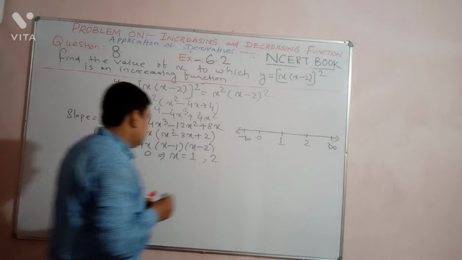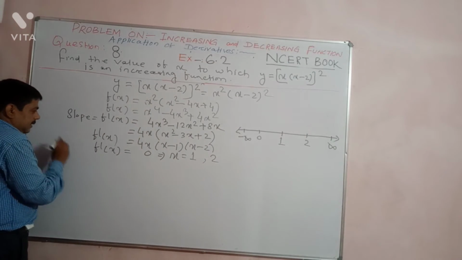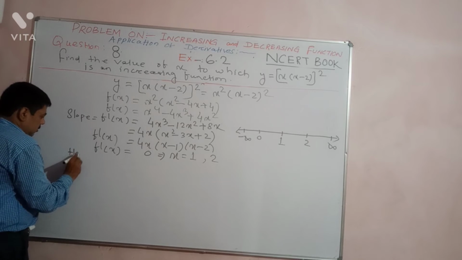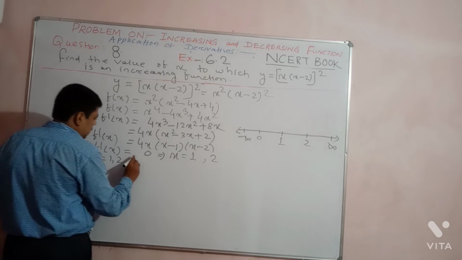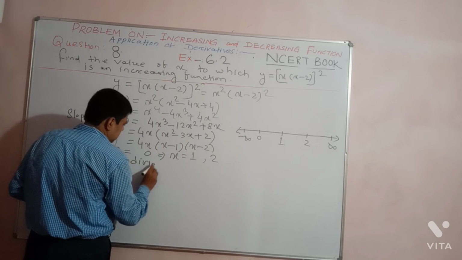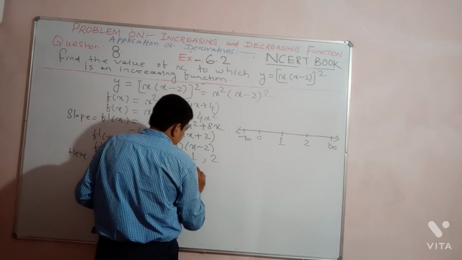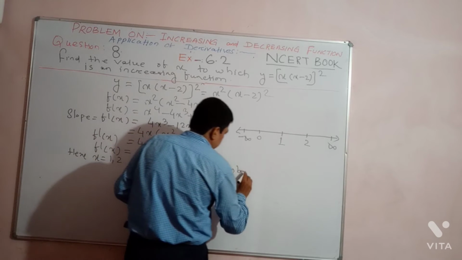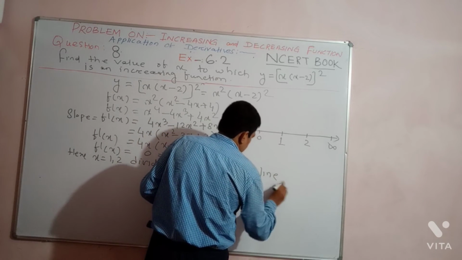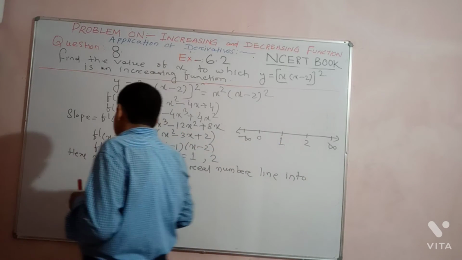Understand? So you are clear now. Here x is equal to 0, 1 and 2 divide the real number line into four intervals.